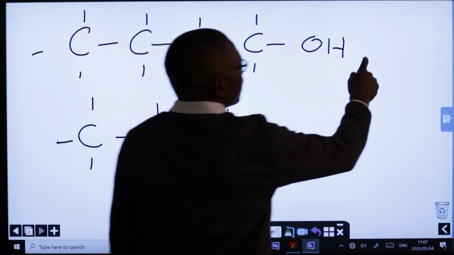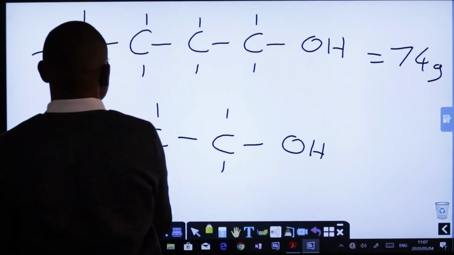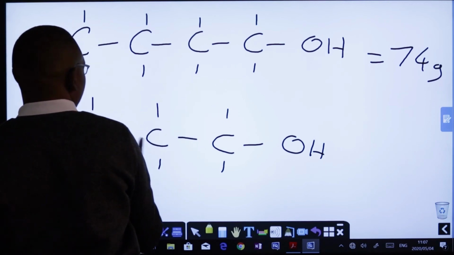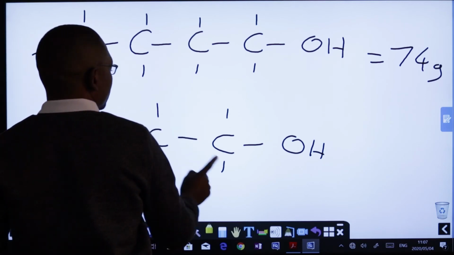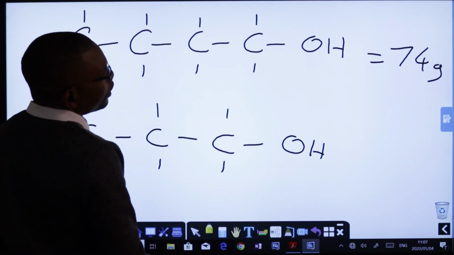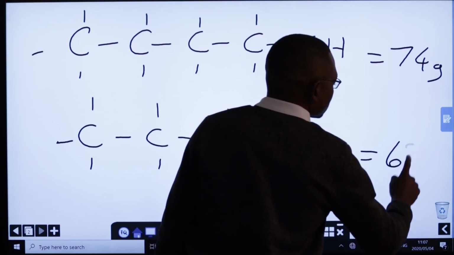So this is going to have a molecular mass of 74 grams. Well, this one is what? 36, plus 7, that gives 43, plus 16, it will give you 62 grams.